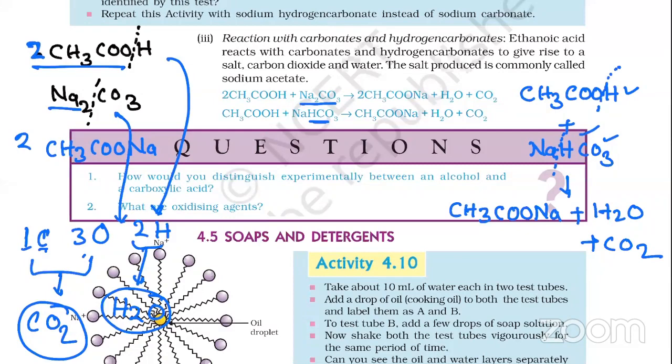But the problem is your exam has been cancelled. Do you know this? The exam got cancelled. Somebody told me, I have to confirm this news.